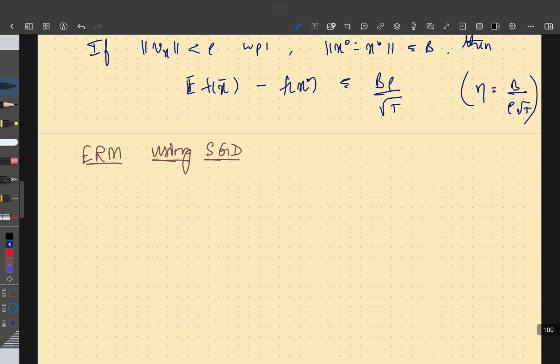All right, so we'll start with some assumptions. So firstly, we'll assume that our hypothesis class contains a bunch of functions which are parameterized by some vector.